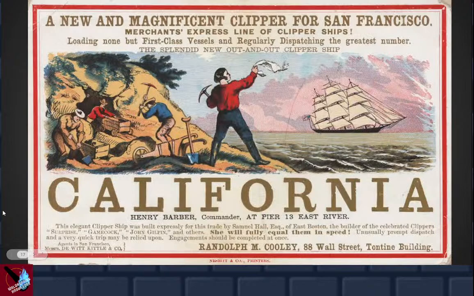They were being tricked to come to America with the hopes of getting gold. The problem is, if you check the date, this is the late 1800s, and all the gold had been mined by 1849. So the people luring them out there were well aware there was no gold in the hills. They just wanted the cheap labor of the immigrants, right?